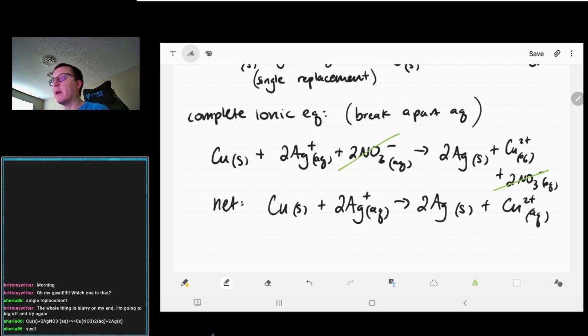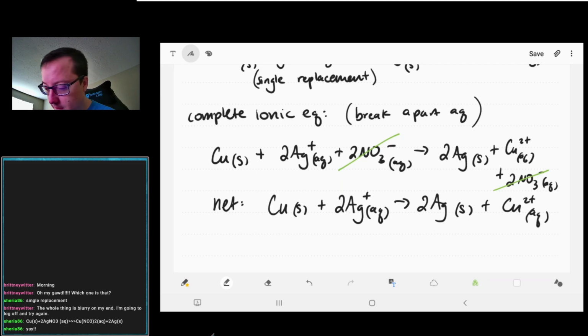So with those in mind now, we can see exactly what chemistry is happening here. If we look at it, what is happening with this reaction? We have copper going from solid, regular elemental copper into copper 2 plus, and we have silver ions that are becoming silver metal.